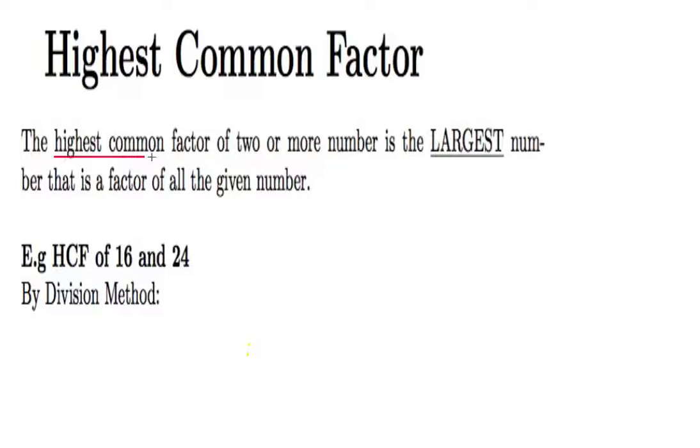The highest common factor of two or more numbers, remember it can be two or more numbers, is the largest number that is a factor of all the given numbers. So it's the biggest number that is a factor of all the numbers that you have to find the common factor from.